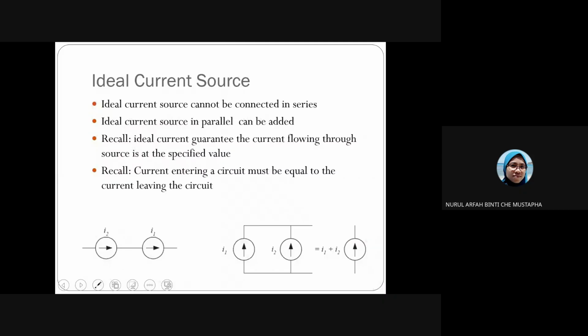It says that current sources cannot be connected in series. Why? Again, ideally we expect this one to have maybe 1 ampere and this one should have the same current flow.